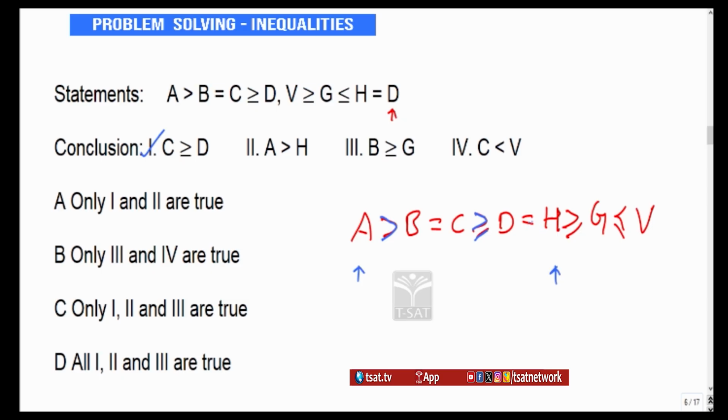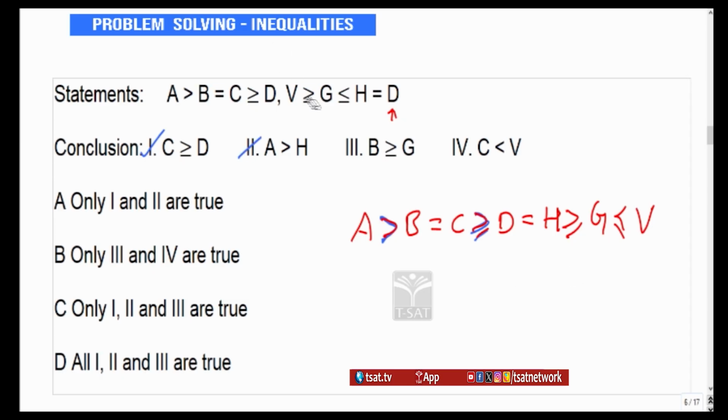Then you have equal to H. So equal is there, it doesn't matter, because B is equal to C, C is greater than or equal to D, which means directly I can say that B is greater than or equal to D, because in place of C I can write B here also. So equal means showing the same, so it doesn't matter. But see here in this case, A is greater than H, yes, greater than symbol here, here also greater than symbol, but no less than symbol till H. So here also conclusion 2 is correct.